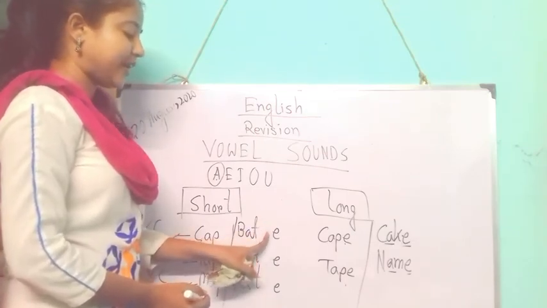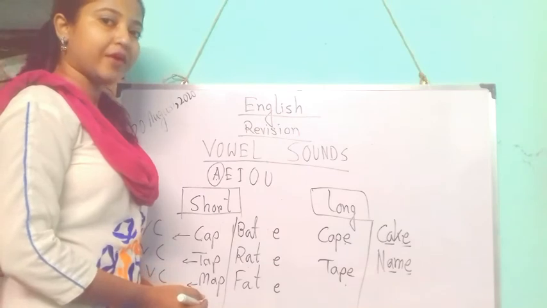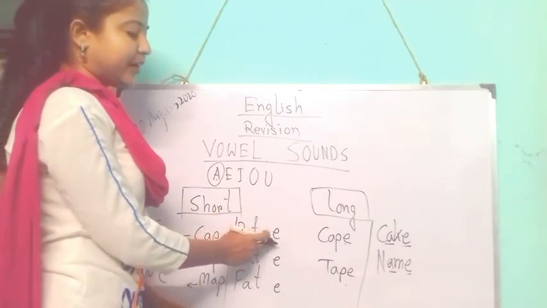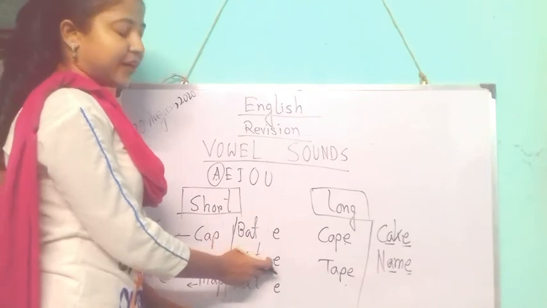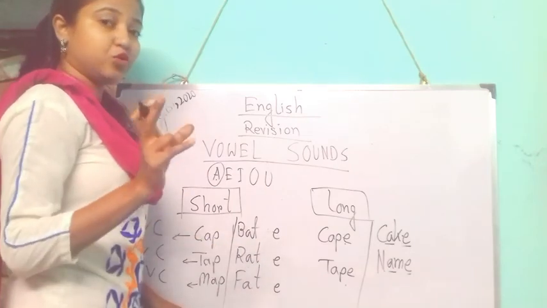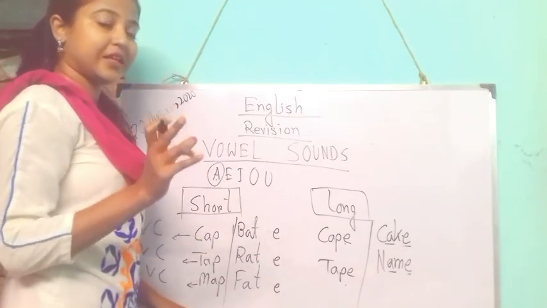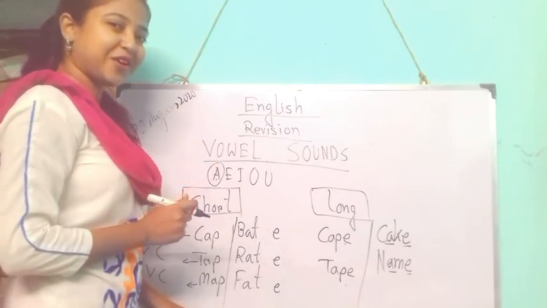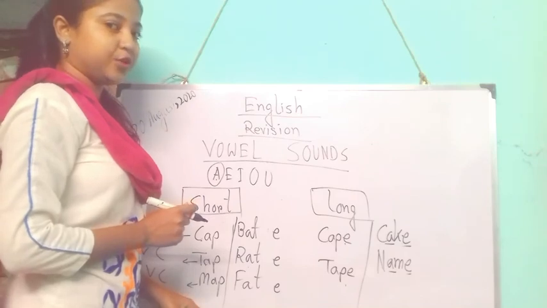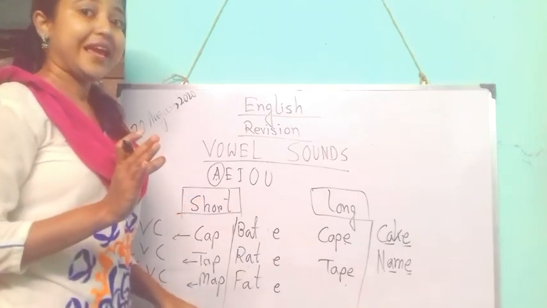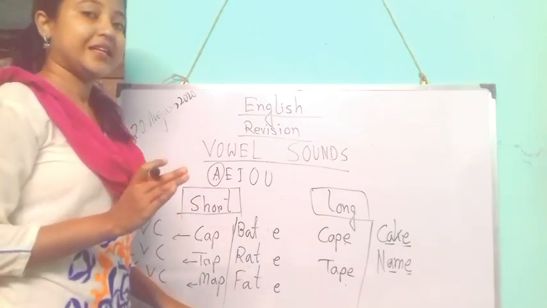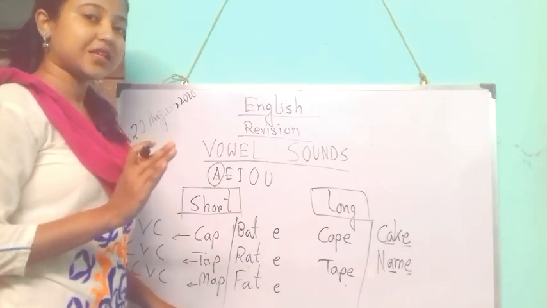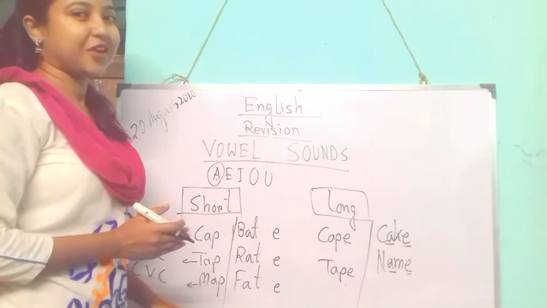So you can say that when there are two vowels, with a consonant between them, vowel, consonant and again vowel, then it will be a long sounding word. Okay? You can say that if A sounds like A, then it is a long sounding word. If A doesn't sound like A, it is a short sounding word.